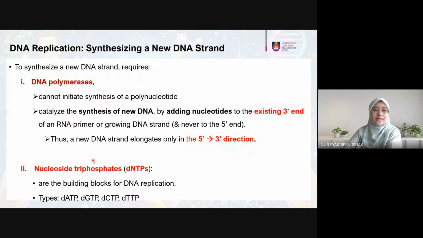To synthesize a new DNA strand requires the enzyme DNA polymerases. DNA polymerases cannot initiate the synthesis of a polynucleotide. The DNA polymerases catalyze the synthesis of a new DNA strand by adding DNA nucleotides to the existing 3' end of an RNA primer, right here.